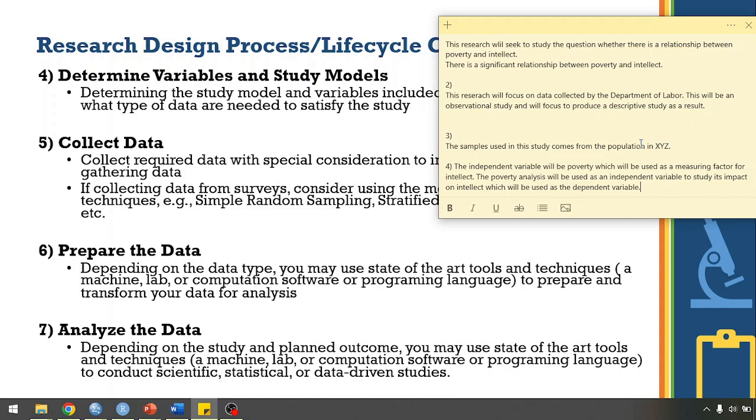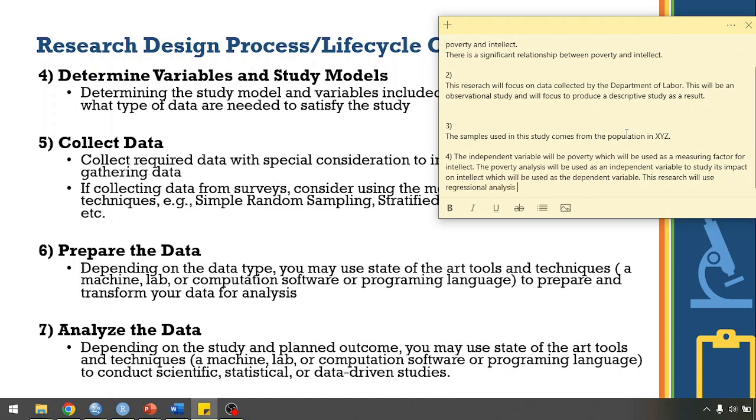Also here you will select what kind of models you will be using. So you can add that this research will use, let's say, regression analysis to conduct a study into the correlation between these two variables.